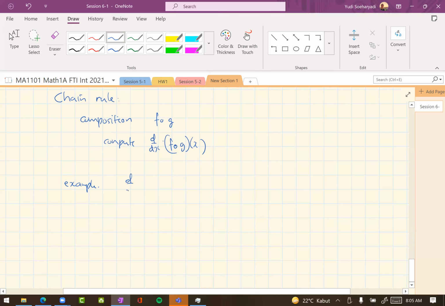Take the derivative of, say, just (2x plus 1) squared. Well, there are a couple of things to do. You can square this first, so you get 4x squared plus 4x plus 1, and take the derivative from here.